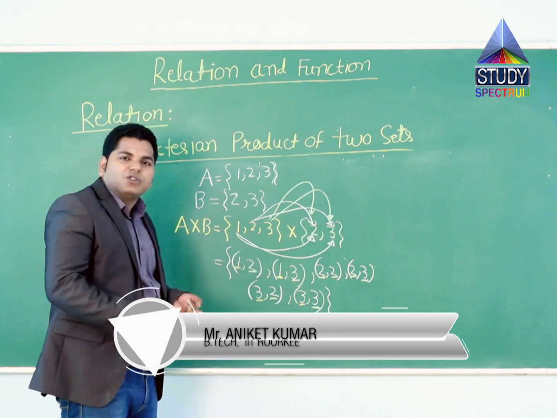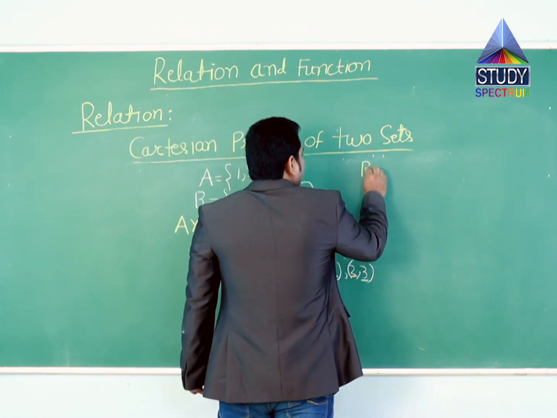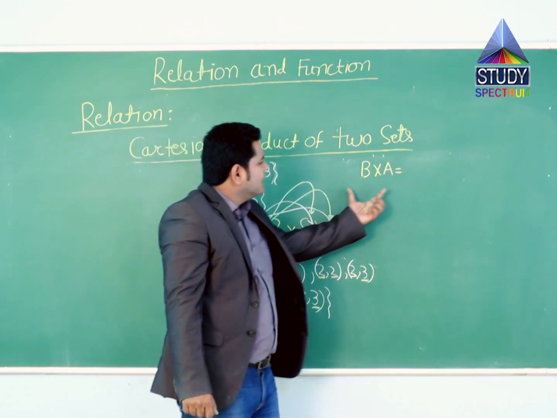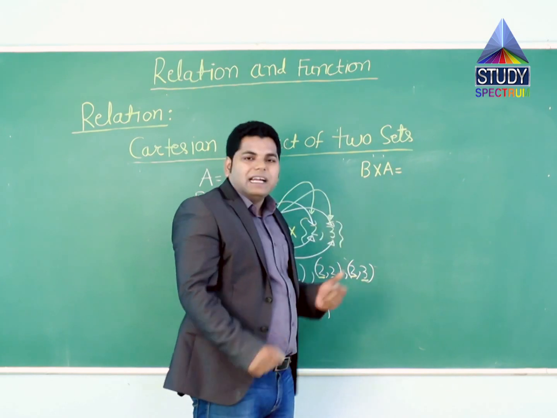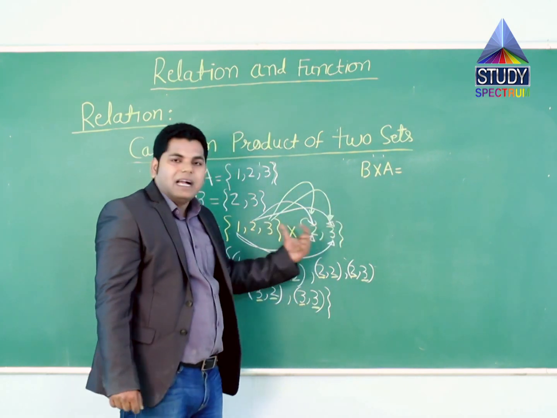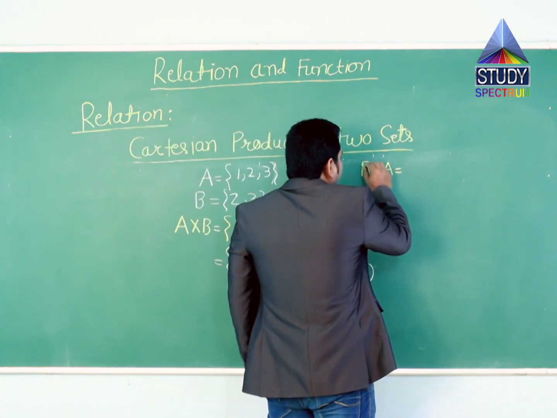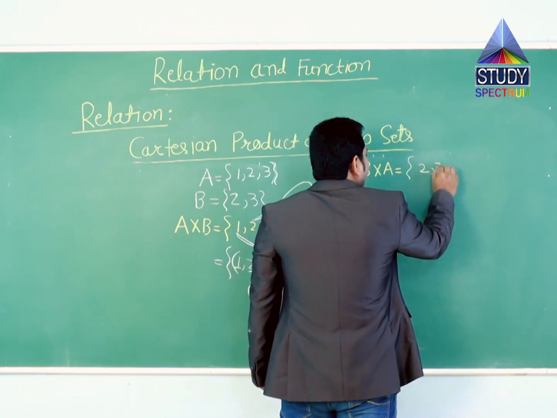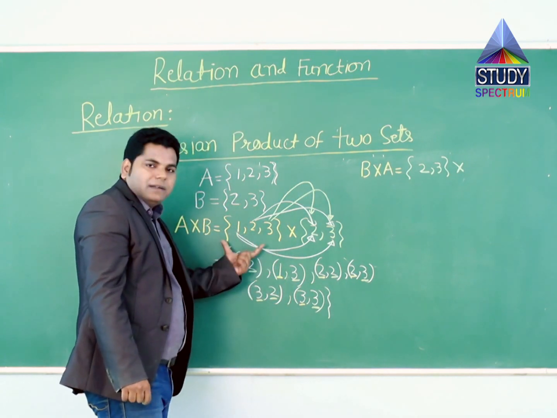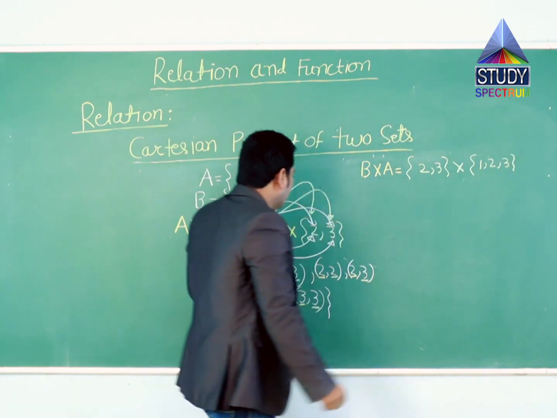Now suppose you are interested in finding B cross A. In this case we write ordered pairs in which the first component is taken from set B and the second component is taken from set A. So here set B is {2, 3} and set A is {1, 2, 3}, which has 3 elements.